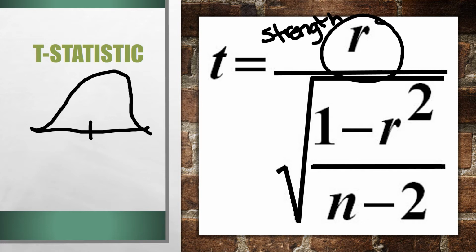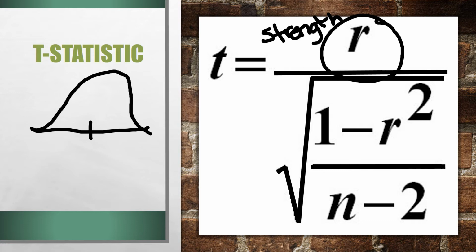It's like the strength of the relationship versus before we were having the difference between the sample means. Okay, so our test is about, is this correlation strong enough? Is there enough sample size, etc., to say that there's a significant correlation? So this is what is on top, the strength. Okay, so then this is going to be positive or negative.